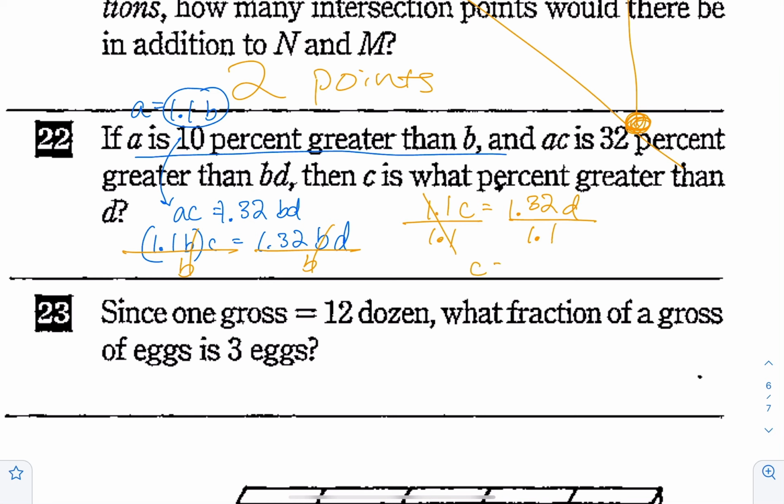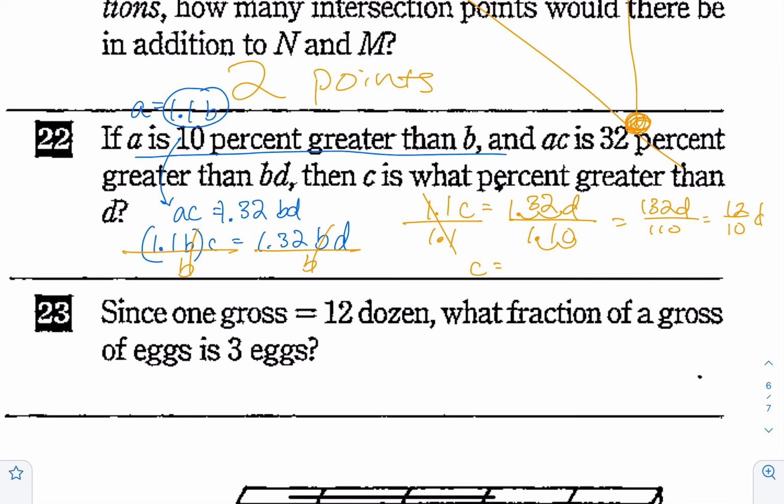So you get that C is equal to 132, so you move it over 2 times. This is 132D over 110. And here you can divide both the numerator and the denominator by 11. And 132 divided by 11 is 12.